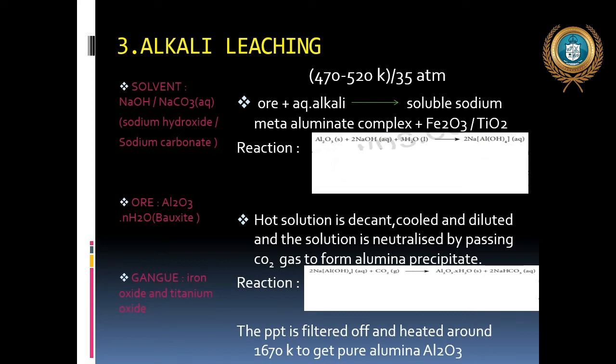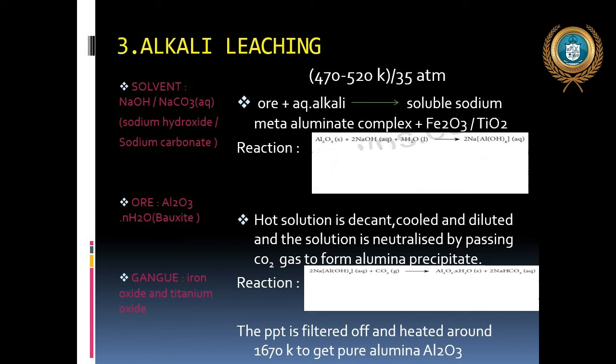Here decant means in the first reaction we got the soluble sodium meta-aluminate. We have heated it, so the product has so much heat. So first we have to decant the solution, meaning in the beaker what is left out is some gangue particles, and above it the soluble meta complex.